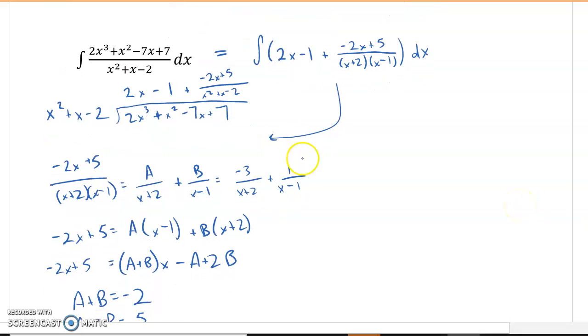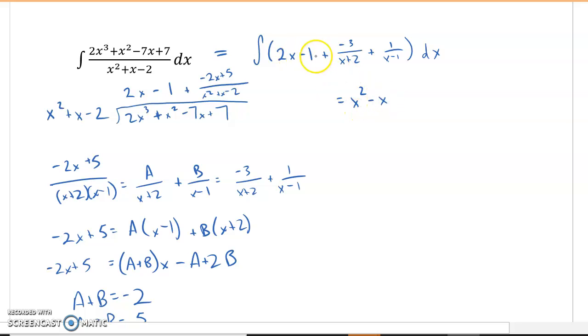So now we can rewrite our integral one more time by taking that one big fraction and breaking it into partial fractions of negative 3 over x plus 2 and a positive 1 over x minus 1. And then we can just integrate, which is great. 2x integrates to x squared. Negative 1 integrates to negative x.